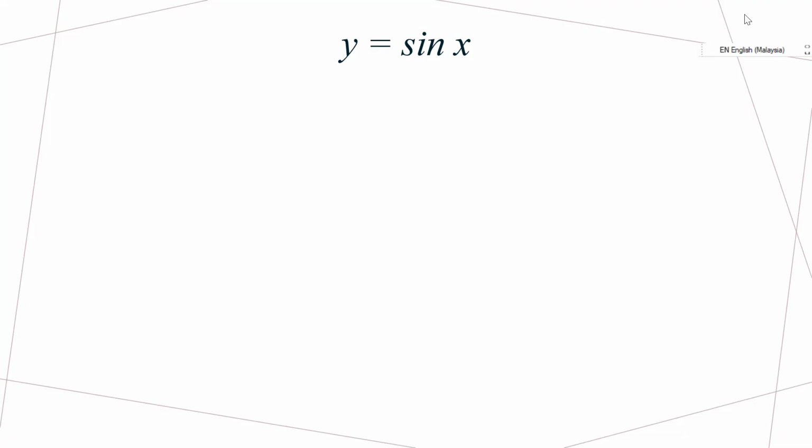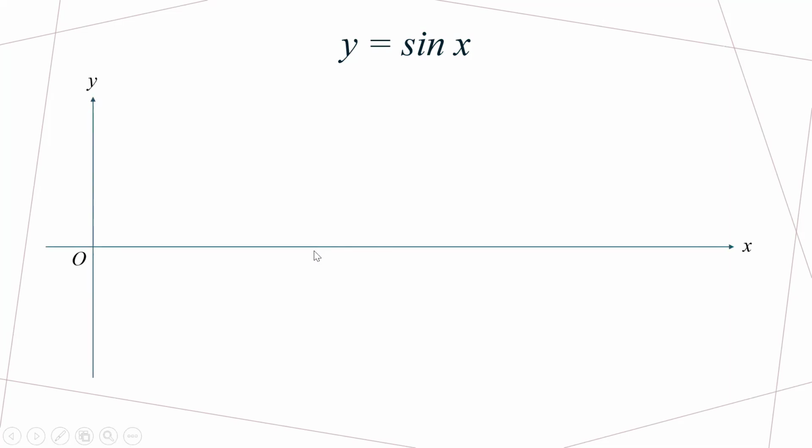Okay, now this one we will learn in chapter 6, but I will just go through a quick one today. So sine x is the basic graph. Our quadrants are covered from 0 to one whole turn, 360 degrees.